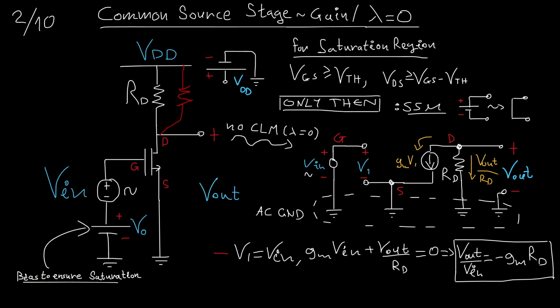All right, this is a resistor between here and VDD, or a resistor between here and the ground, something like this. These resistances would be in parallel to this resistor. So we would have actually Vout over Vin is equal to minus gm times RD in parallel to this resistance in parallel to this resistance.